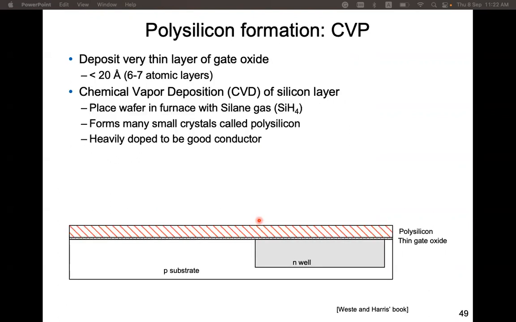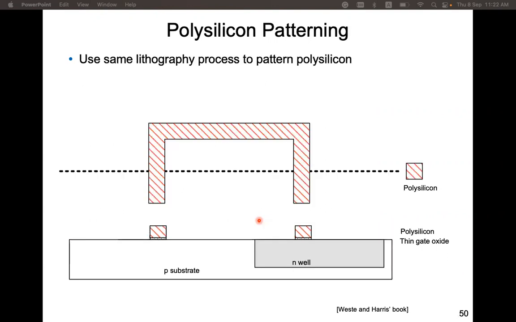So basically, on top of this polysilicon, we grow a silicon dioxide, then deposit the photoresist, then expose to the light, then remove the exposed photoresist region, then etch the silicon dioxide layer, then further etch down. So the entire process.